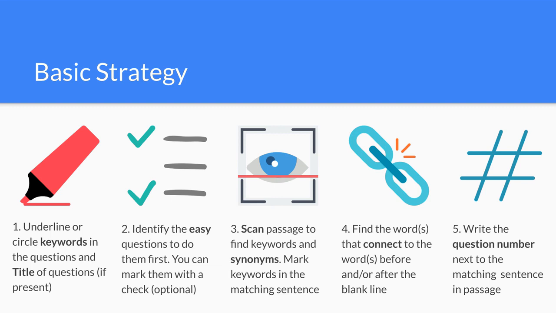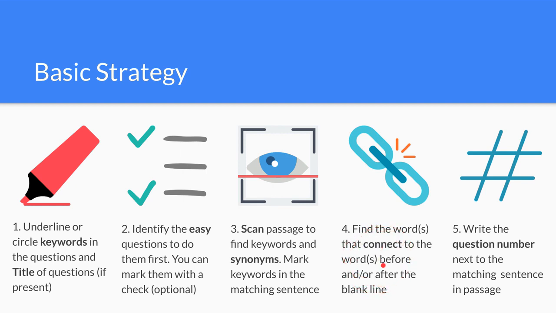There might be some things that you do a little bit differently, but for the most part, the main strategy stays the same. The main strategy is, of course, to mark the keywords, to identify the easy questions, scan the passage to find the keywords and, very important, synonym language, mark those keywords in the reading passage, and then look for the connecting words.